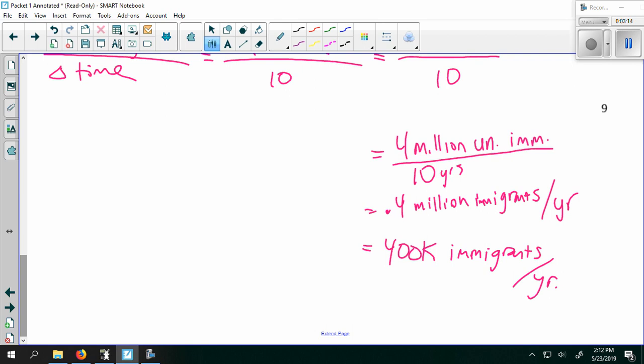That's called the average rate of change of the model. On average, we are adding 400,000 immigrants each year.